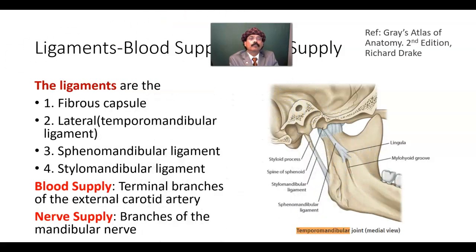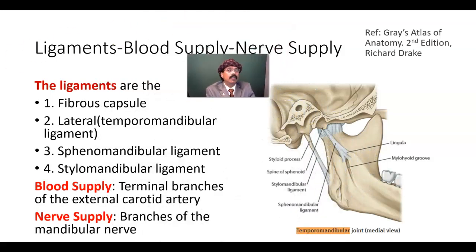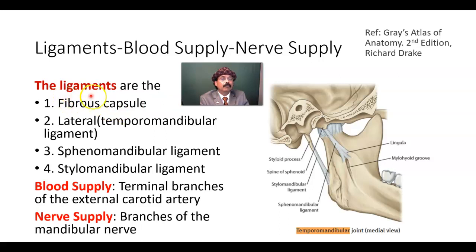So we have to go through the ligaments, blood supply, and nerve supply. Ligaments we discussed: fibrous capsule, lateral temporomandibular ligament. This is the medial view. On the other side, we'll get the lateral temporomandibular ligament, which is very close to the joint.